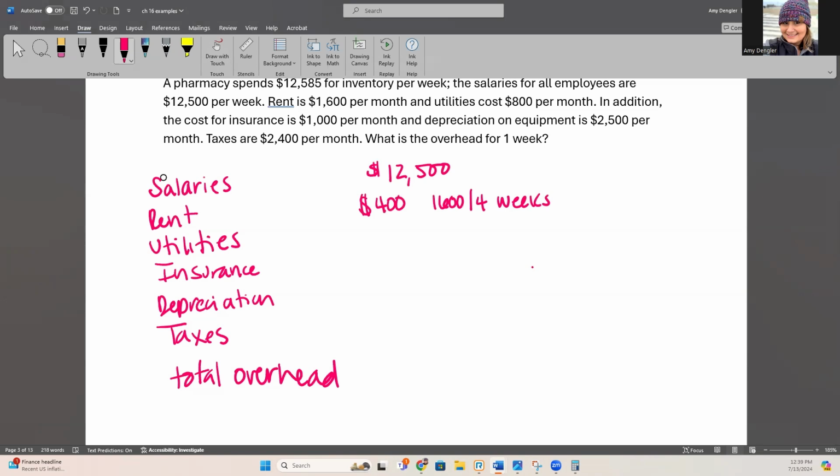The utilities are $200, and we get that by taking the 800 per month and dividing it by 4.